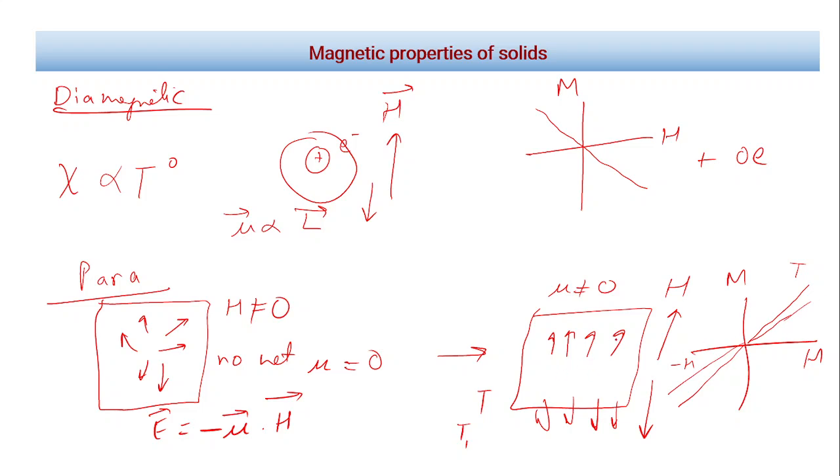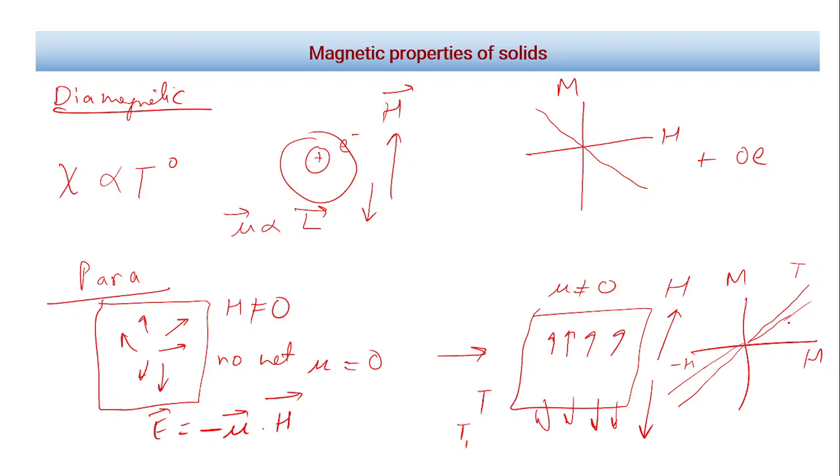Why does this happen? Although the field that we are applying is trying to orient these magnetic moments along with it, because I have increased the temperature, I am supplying thermal energy, which again leads to randomization of these magnetic moments. So now there is competition between this thermal energy, which is trying to randomize them, and the field, which is trying to align them all in one direction.